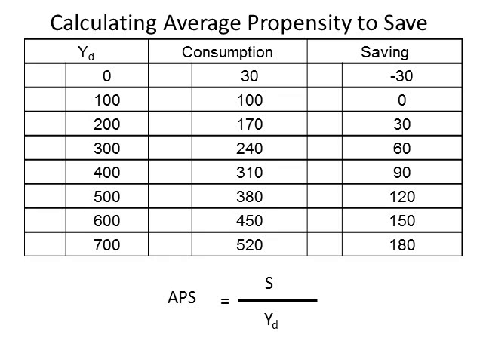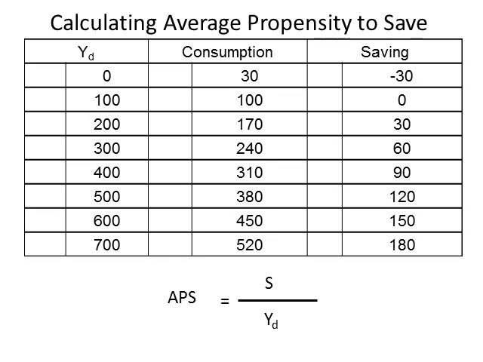Let's look at an example. Here we have a table with 3 columns. The first column is income, or Y, then consumption, C, and savings, S. As you will note, at the first level of income, 0, the consumption is 30 and the savings is minus 30.